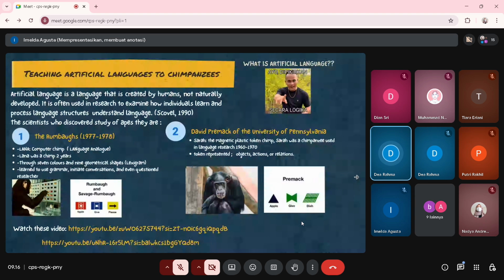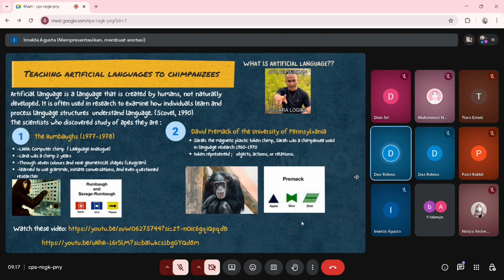But according to Scoville 1990, this artificial language is usually used as a research tool, and especially for animals, the artificial language used is quite simple.